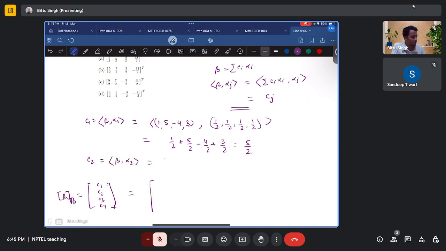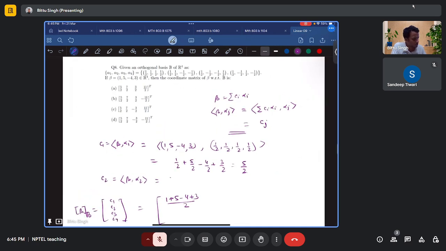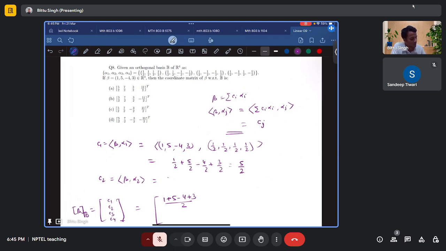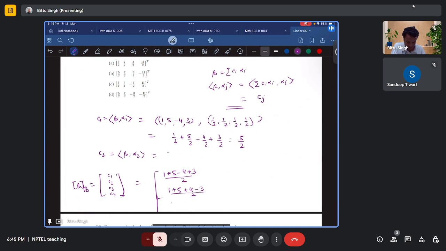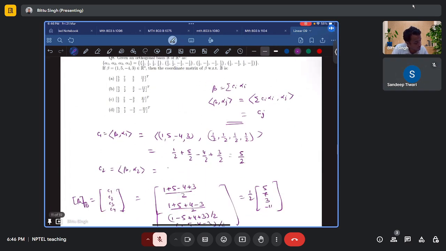This is the same as 1 plus 5 minus 4 plus 3 by 2, then 1 plus 5 plus 4 minus 3 by 2, and similarly the other components are 1 minus 5 plus 4 plus 3 by 2, and the last component 1 minus 5 minus 4 minus 3 by 2. So those are actually half times 5, 7, 3, minus 11. So this is the correct answer, B.